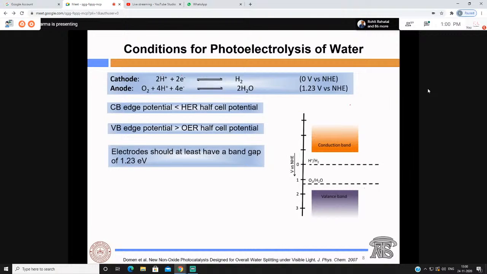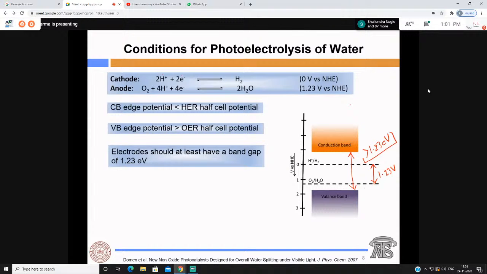We know that the difference between the hydrogen and oxygen evolution reactions is 1.23 volt. And that's why, from our discussion, it is clear that the band gap of a semiconductor material should be more than 1.23 electron volt. This is the primary criterion: materials having a band gap more than 1.23 electron volt can participate in water splitting.